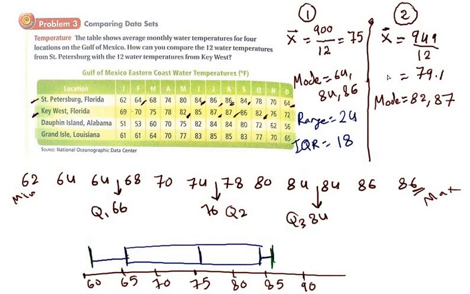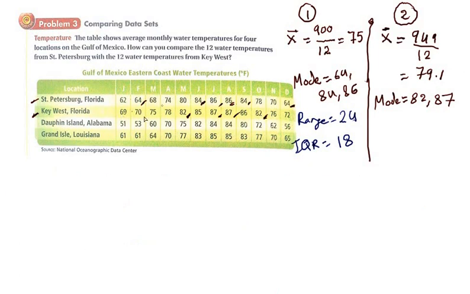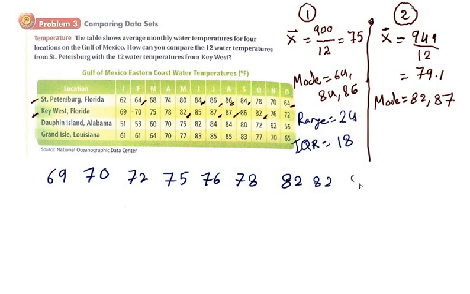Now let's do the same for the second city. For the second set of temperatures, let's order them first. 69, 70, 72, 82 again, 85, 86, 87, and 87.